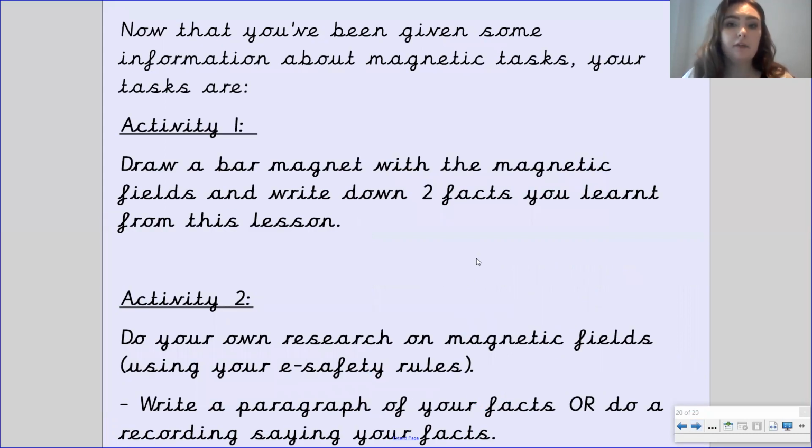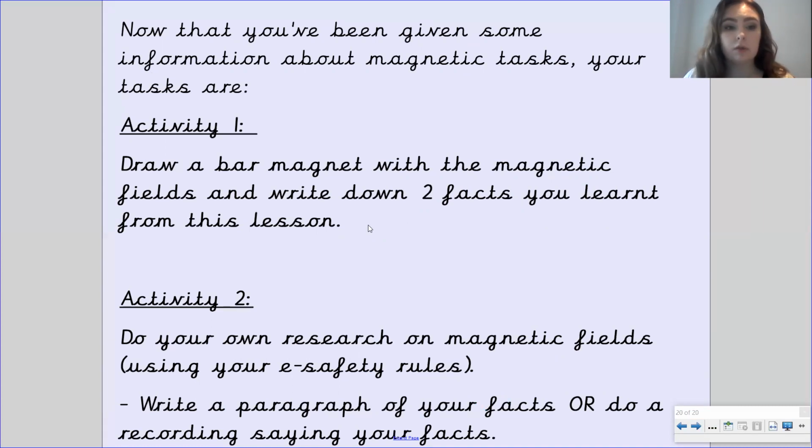Okay, now that you've been given some information about magnetic forces and magnetic fields, you have got two tasks to choose from. So you can either choose to complete activity number 1, or you can choose to complete activity number 2. So activity number 1, you need to draw a bar magnet with the magnetic fields and write down 2 facts you have learned from this lesson.